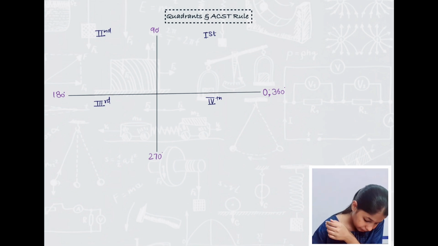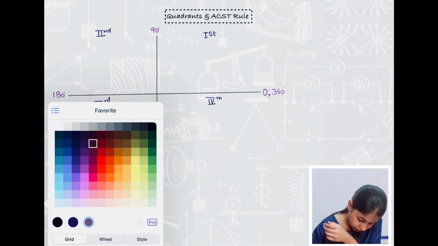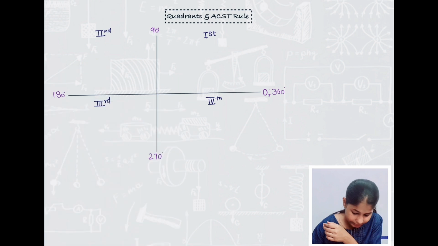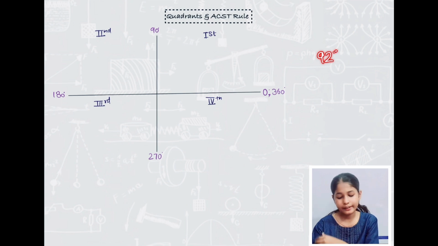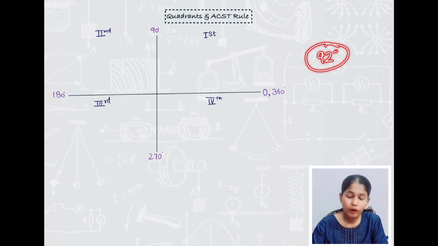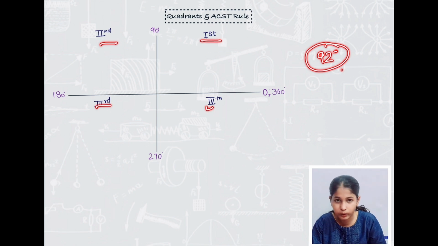Okay, now one more thing. If an angle is given, such as 92 degree, how will you determine whether this angle is in the first, second, third or fourth quadrant?